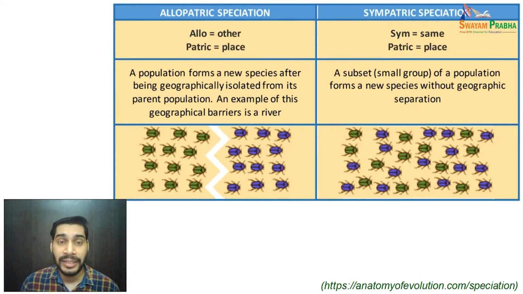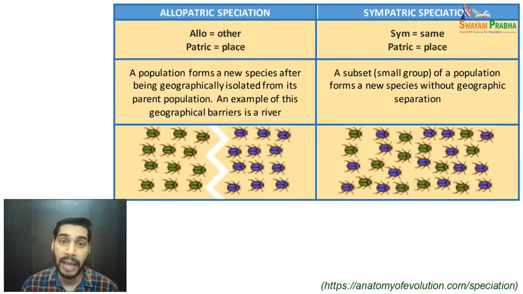Allopatric, the word is made up of two words, allo, which means other, and patric, which means the place. A population forms a new species after being geographically isolated from its parent population. An example of such a geographical barrier can be a river, that is a water body.